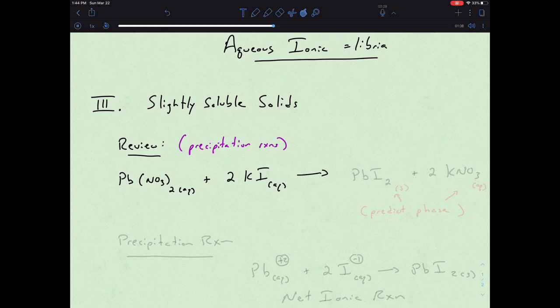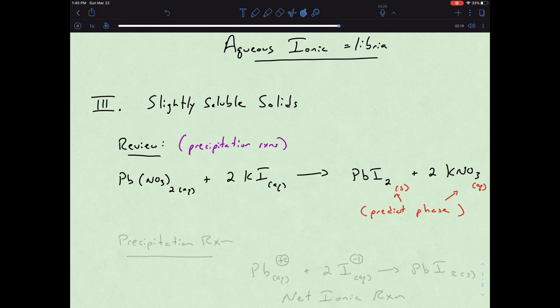And this would give rise to a reaction where precipitation occurs. The two possible products would be lead iodide as well as potassium nitrate. And remember, we had to predict phase. For the lead iodide that would be a solid, and for the potassium nitrate that would be aqueous.